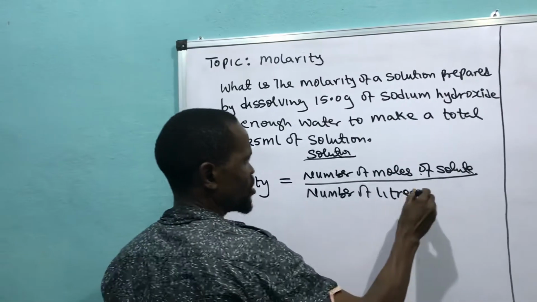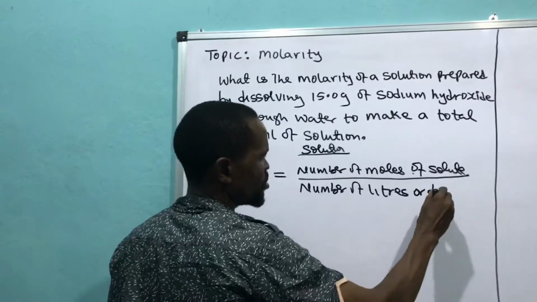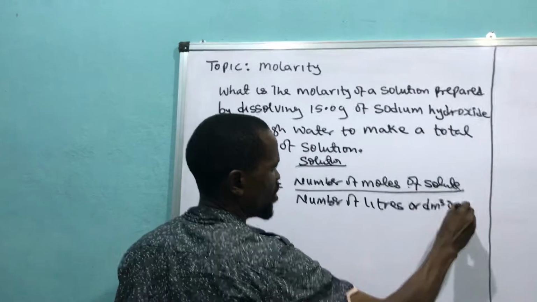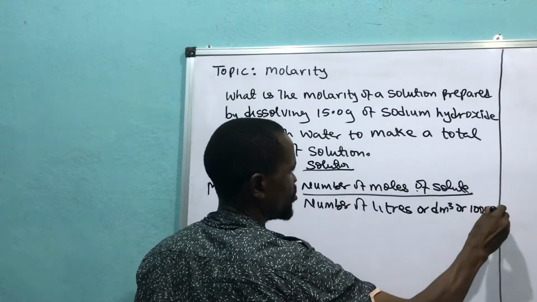The number of liters, or dm cubed, is 1000 cm cubed.